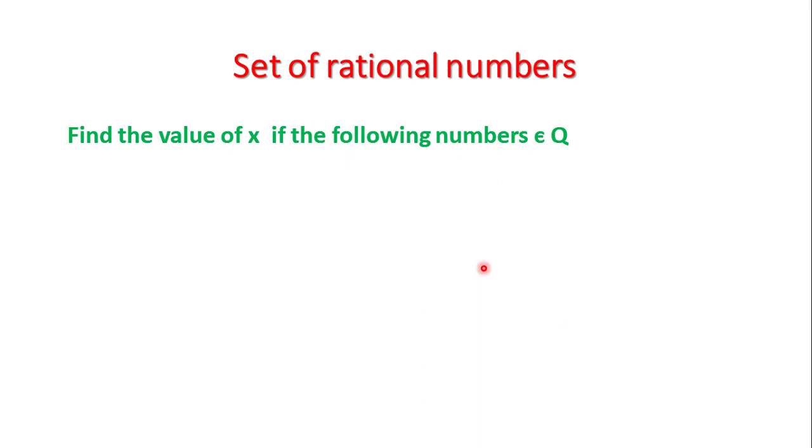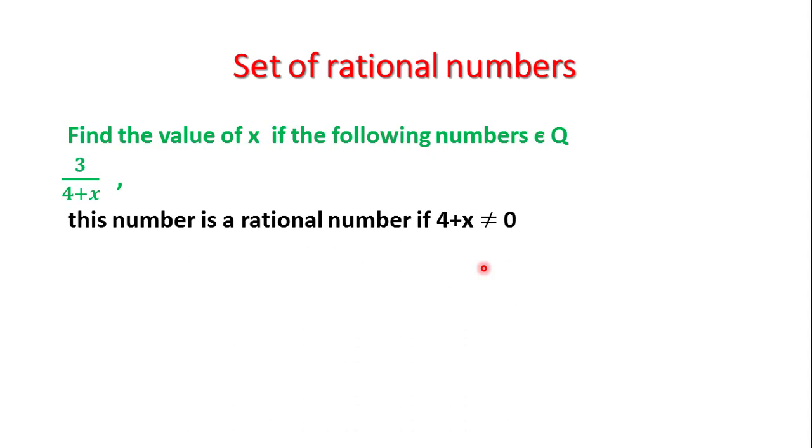Find the value of x if the following numbers belong to Q. The first one is 3 over 4 plus x. We said before that a rational number means that the denominator doesn't equal 0. So 4 plus x doesn't equal 0. Here, what is the denominator? 4 plus x. So this number is a rational number if 4 plus x doesn't equal 0.